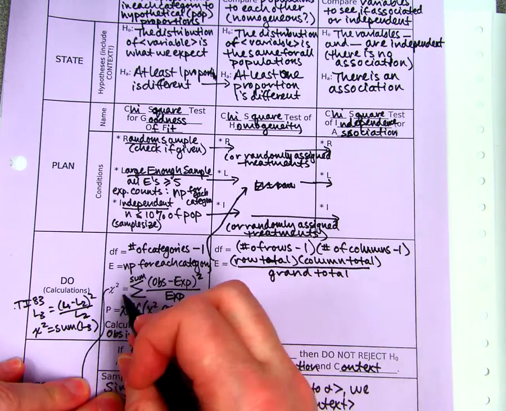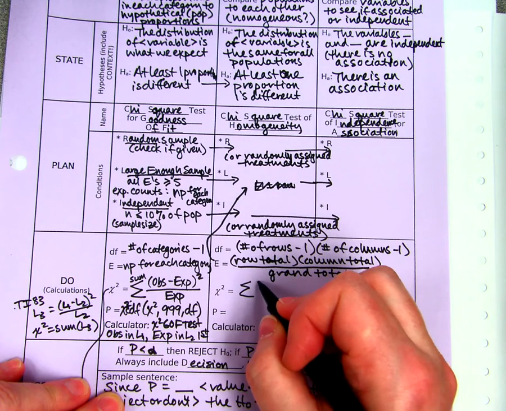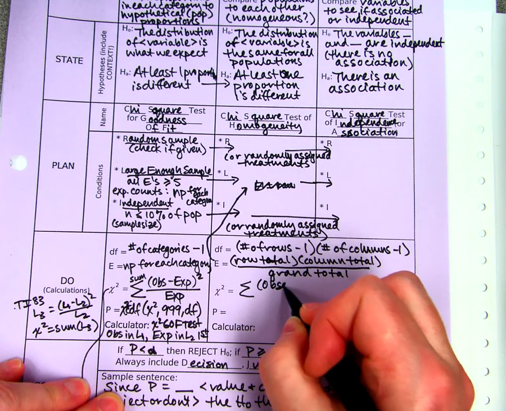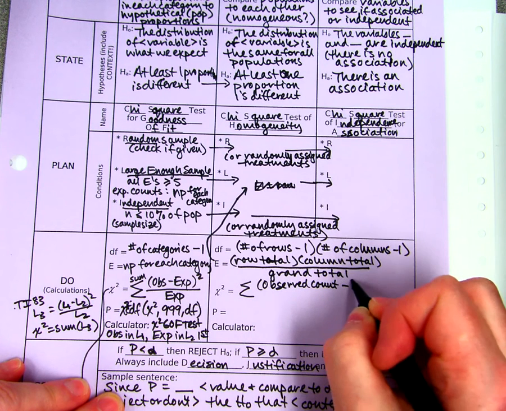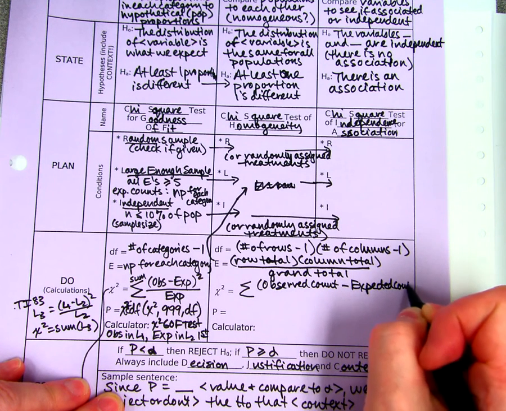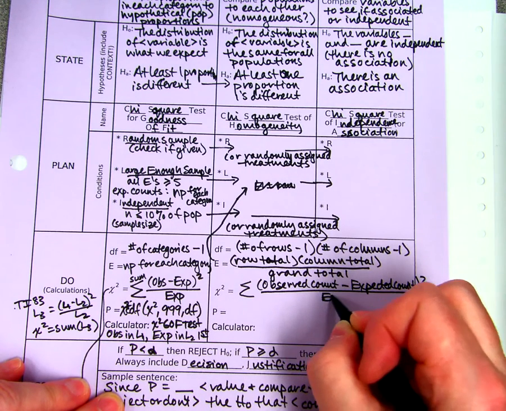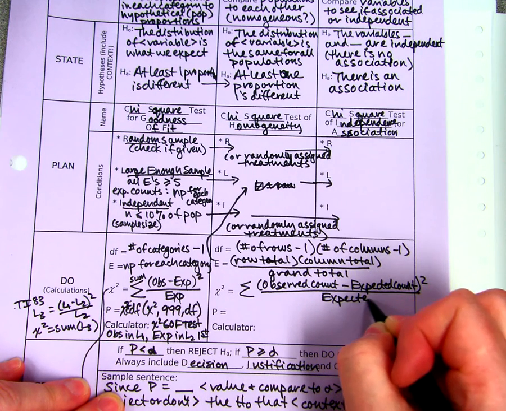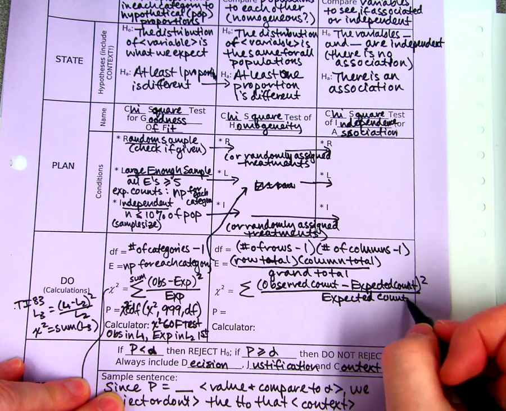This formula is the same. It's the sum of, this time I have room to write it out, so I'll write observed count minus expected count squared over expected count. You do that for each cell of the table, and then you add them all up. That's what the big sigma thing means.